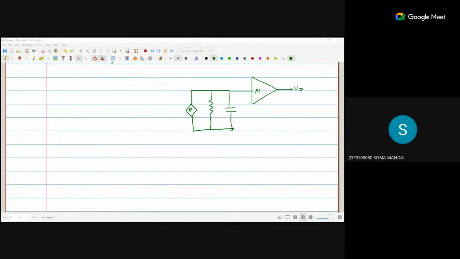No, in the lecture the circuit is different. With the negative terminal, there are two resistances and two capacitors, R1, R2, and with Vi there is another resistance, R1, the same resistance.